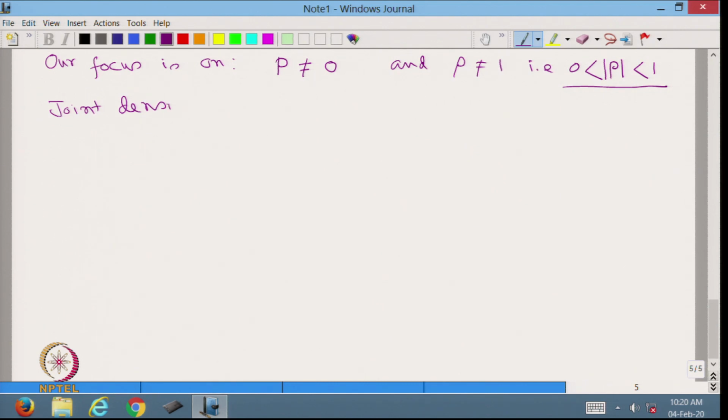So, what is therefore the joint density of x y, f x y?